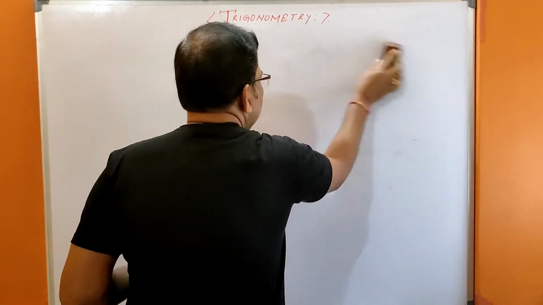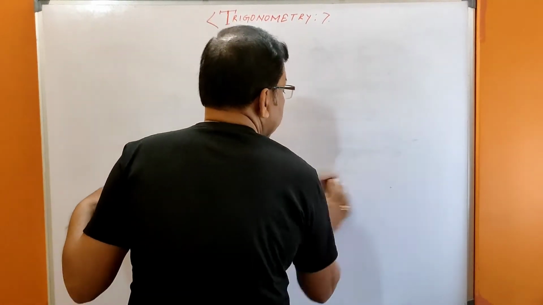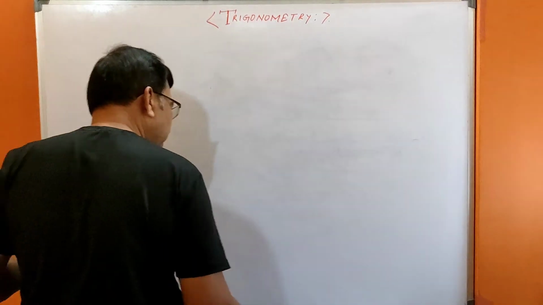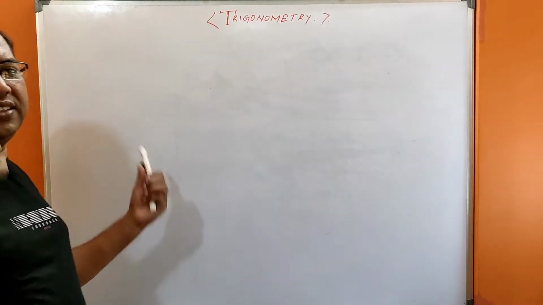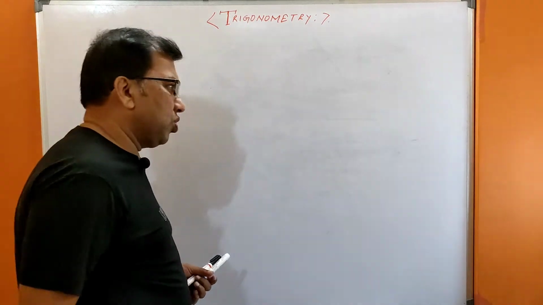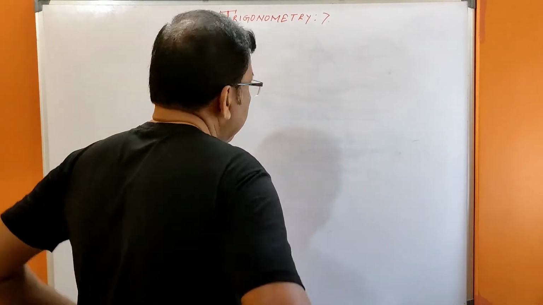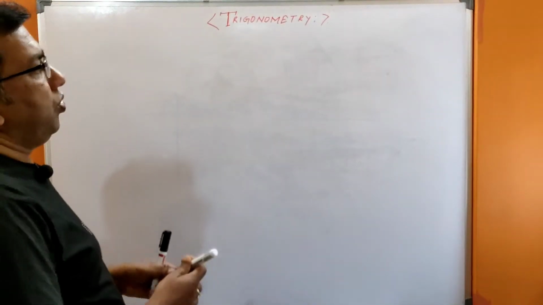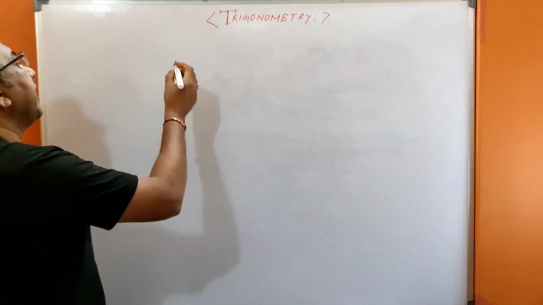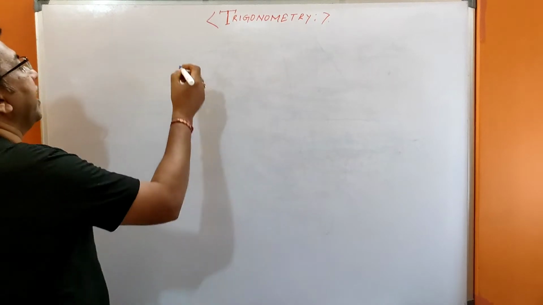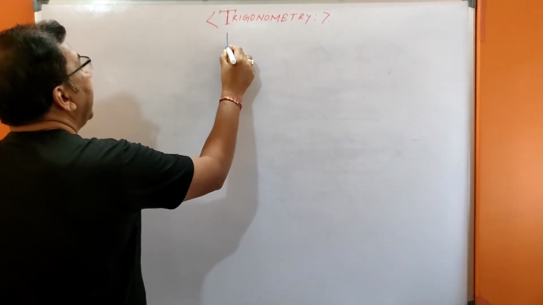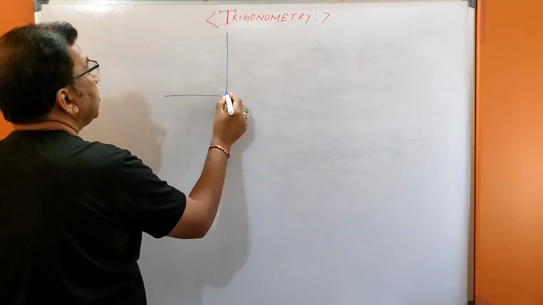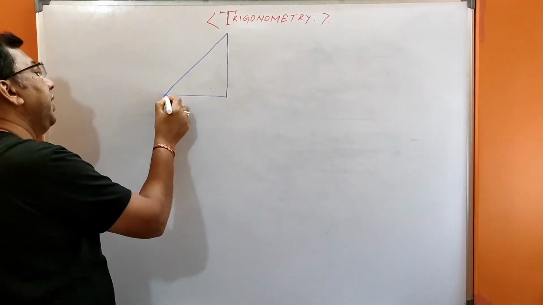Before trigonometry, I just described a little bit. There are so many things to discuss. Then in the trigonometric ratio, concept of trigonometry, you need to know about the concept of right angle triangle. Suppose this is the right angle triangle. Clear?